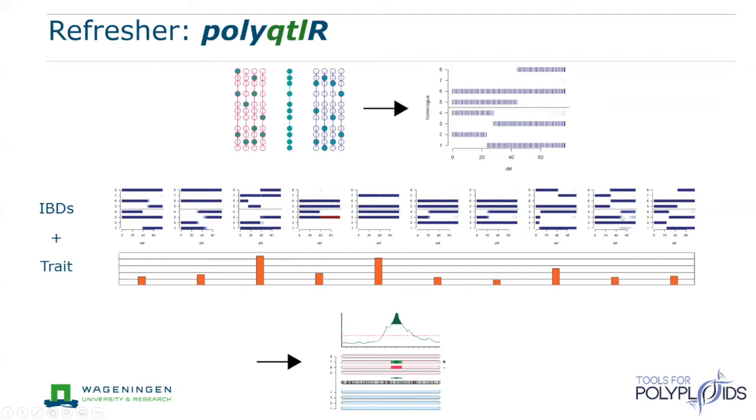And once you have these IBDs and trait values, you make an association analysis and hopefully come to a point where you can find a QTL peak or a QTL position, and not only know the region, the locus of this QTL, but also the origin of the alleles that affect this QTL. So these parental homolog effects. So that's in a nutshell the polymapR and polyqtlR pipeline visually explained in a minute or two.